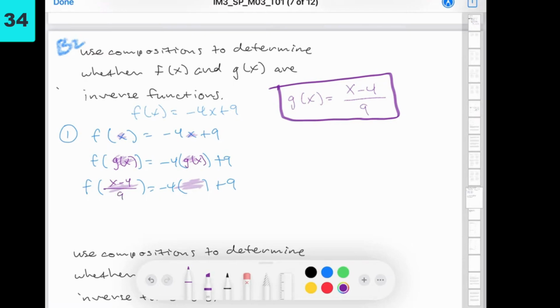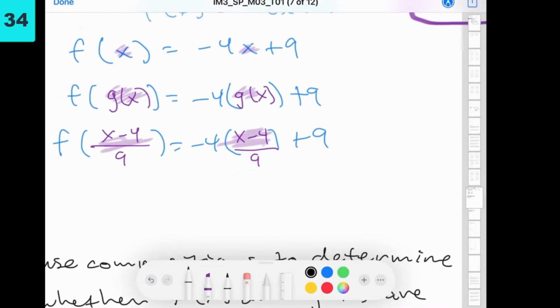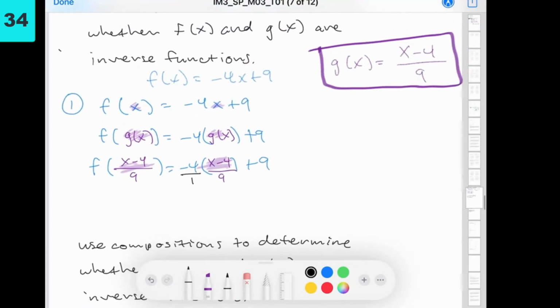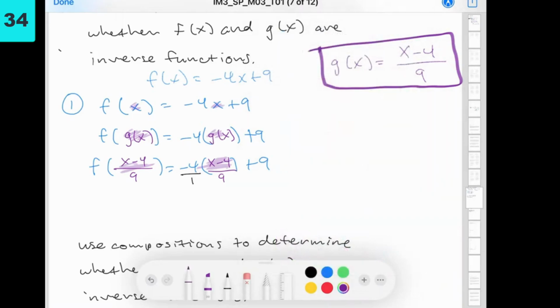Now, the left side looks kind of weird, so you don't have to do anything over there. All right, let's go ahead and simplify over here. Negative 4 is a fraction by bringing it over 1. Excuse me, wrote the problem wrong. That would have been bad. Negative 9.